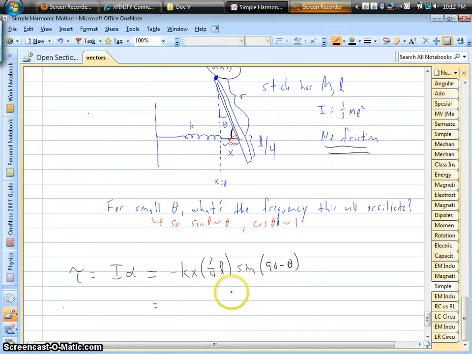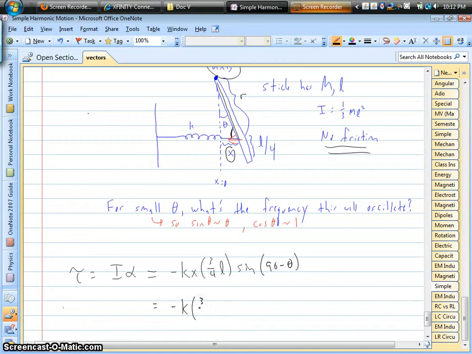Okay. And the other part of that is actually what's x? Okay, now x is, we can write that in terms of this r value from the axis of rotation. See if this makes sense. I'm going to write down the spring constant. For x, I'm going to substitute in the distance from the axis.